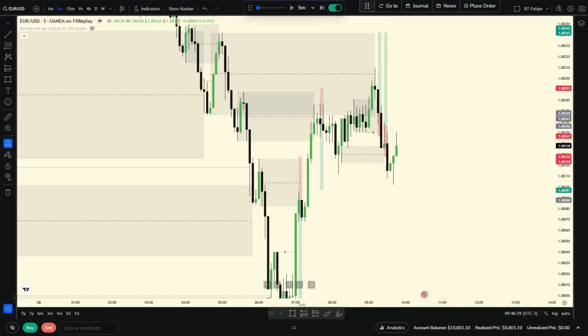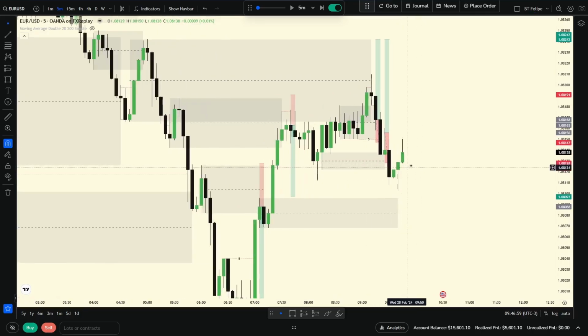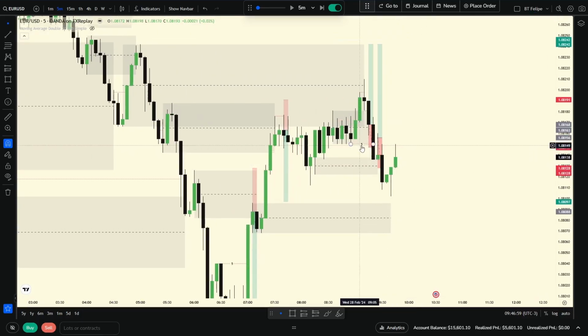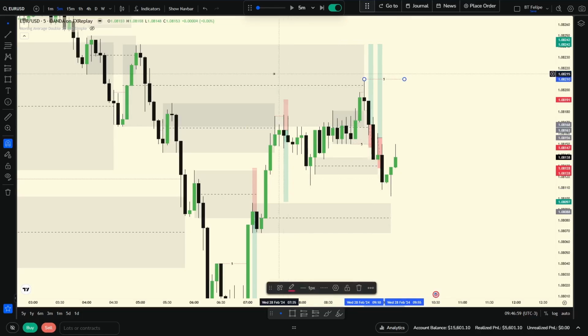Didn't tap any POI. This will be the inverse manipulation and 5, but there is no POI here. Kinda tricky price action.